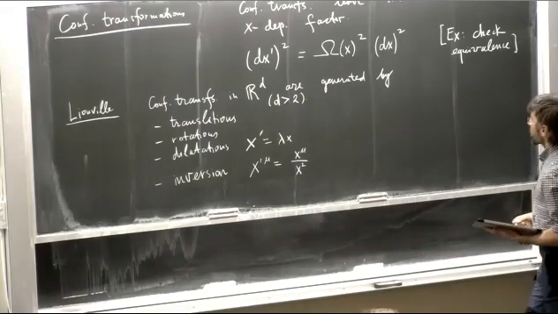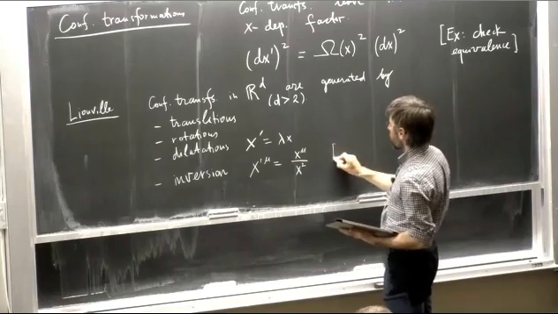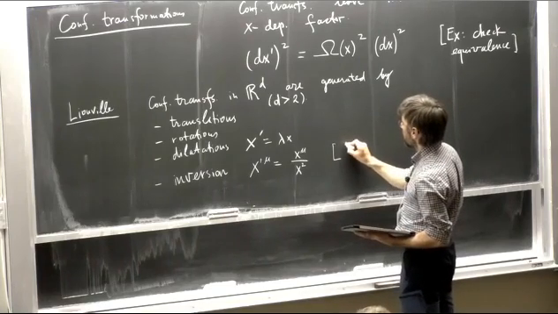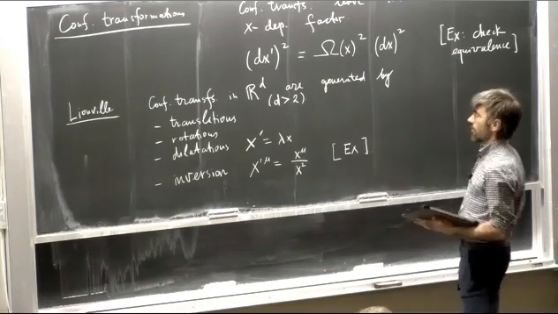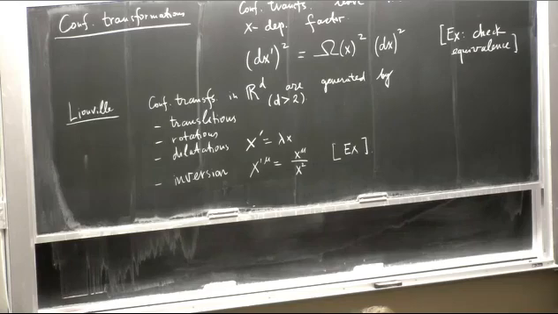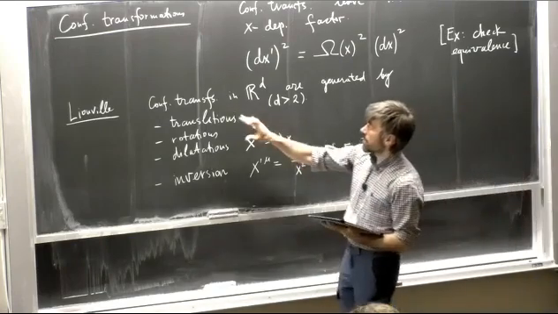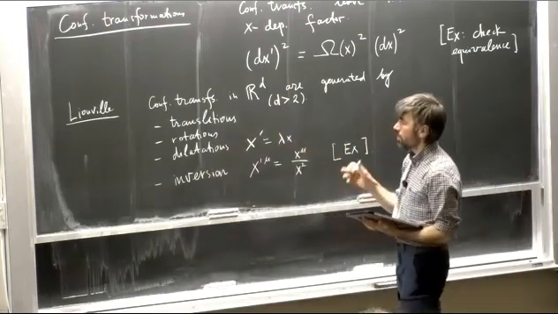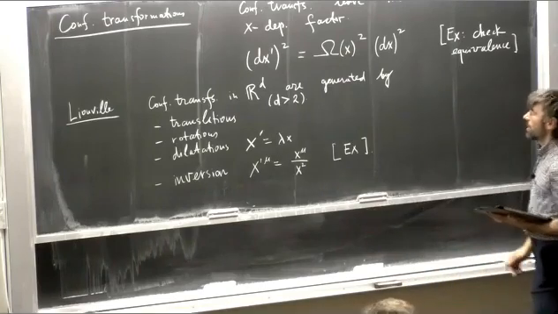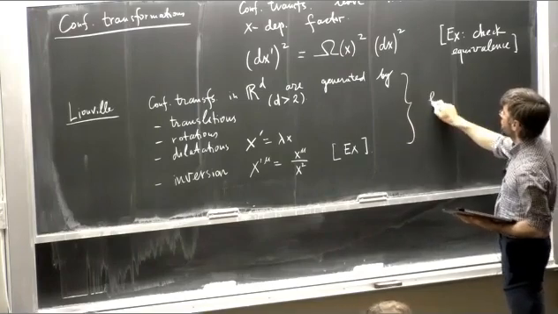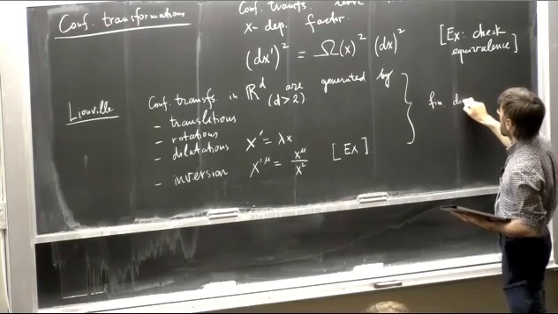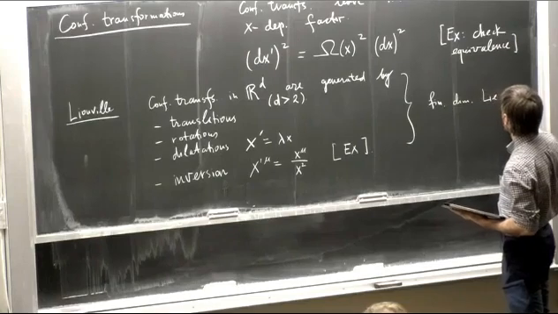And so here comes a second exercise. Convince yourself that inversion is indeed a conformal transformation. So you take these basic transformations, you take all their possible compositions, and you get a group of conformal transformations, which is a finite dimensional Lie group.